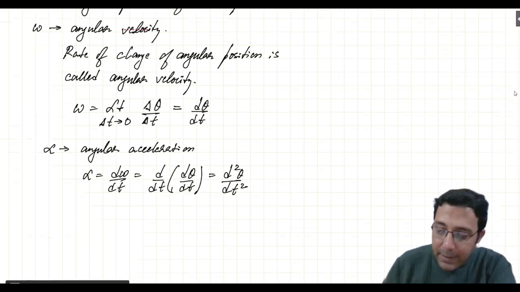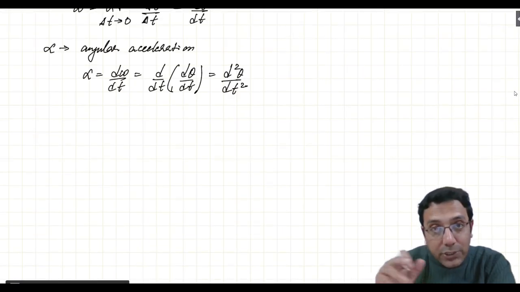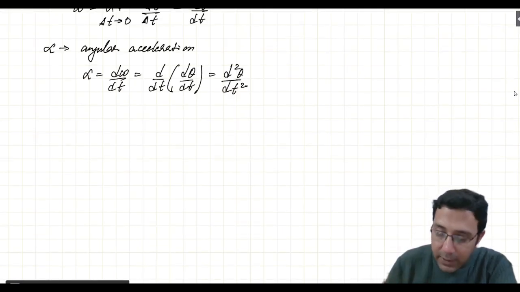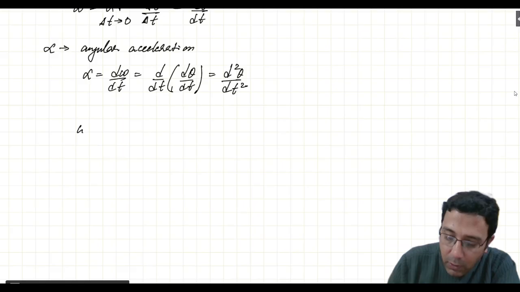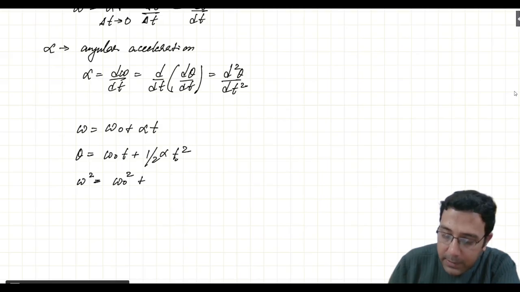We'll just write the basic laws of motion applicable to the circular path: omega equal to omega 0 plus alpha t, theta equal to omega 0 t plus half alpha t square, and omega square equal to omega 0 square plus 2 alpha theta.